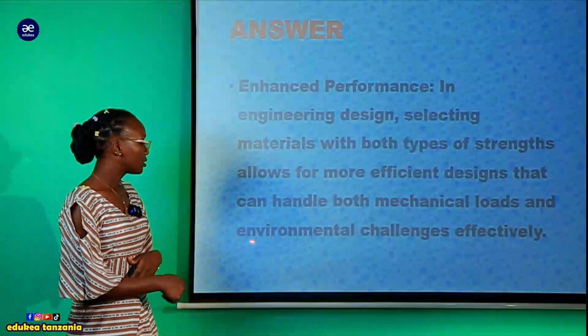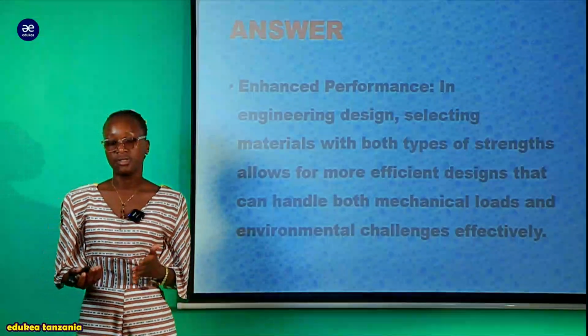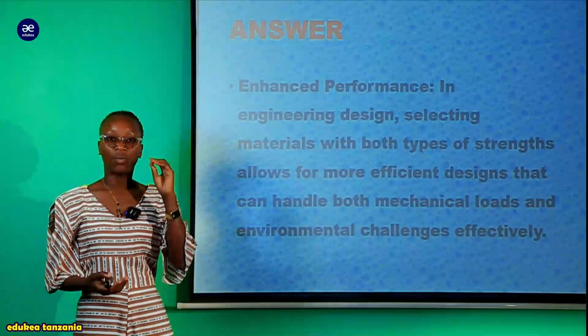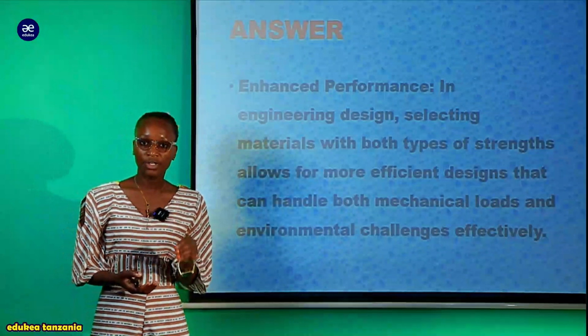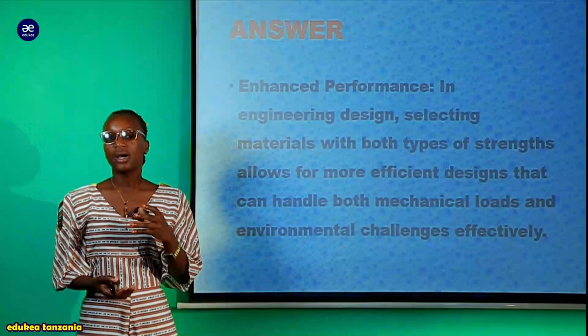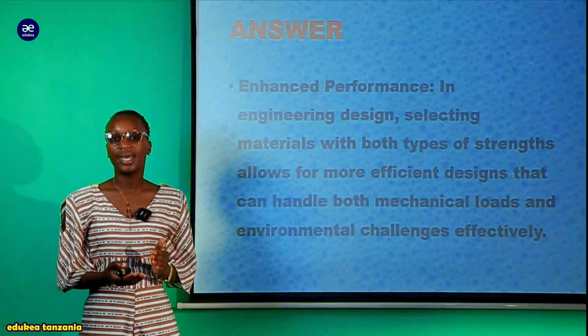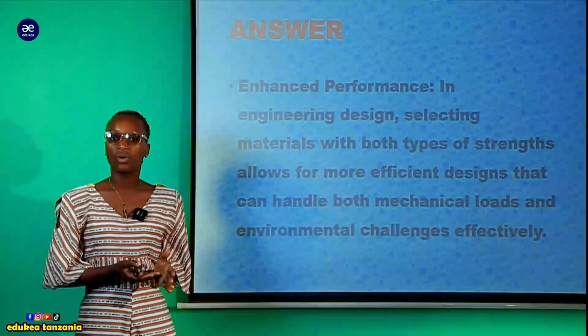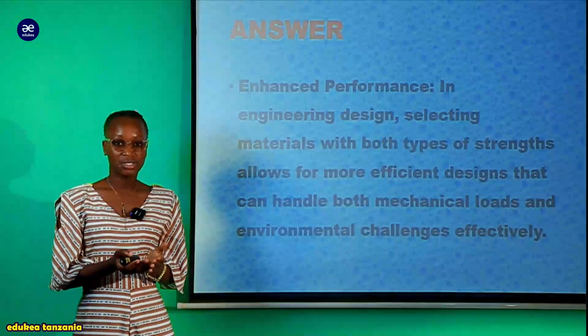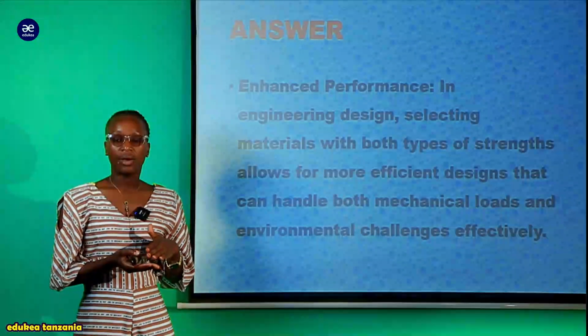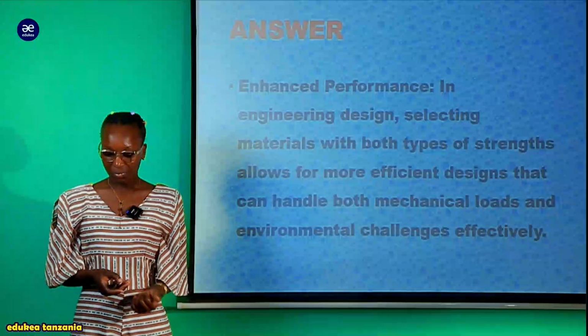Lakini pia haitaweza kuhandle any environmental challenges effectively. Lakini kwa sababu wanakuwa wana employ these metals ambayo inakuwa na both chemical strength and physical strength, inakuwa ni easy for those materials to handle those mechanical loads, mizigo mizito or any forces ambayo inakuwa applied there.